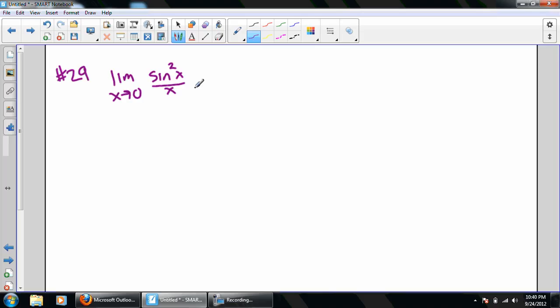So with number 29 here, I'm going to break this up a little bit. I'm going to rewrite this as the limit as x approaches 0 of sine of x times sine of x, all over x.